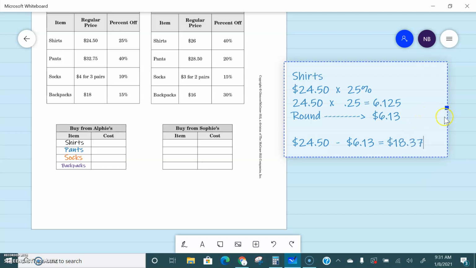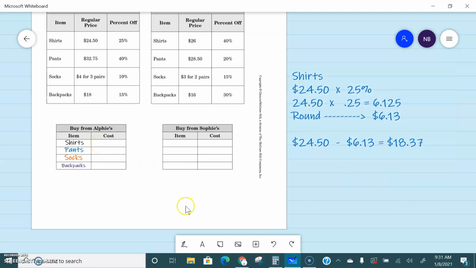This is the price that you're going to want to put into the answer box. So the cost of shirts after the sale is $18.37. Now let's do the same thing with the pants, socks, and backpacks.